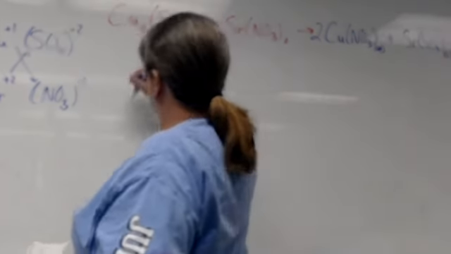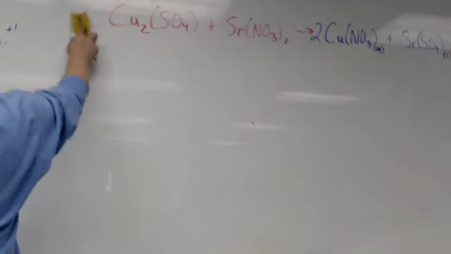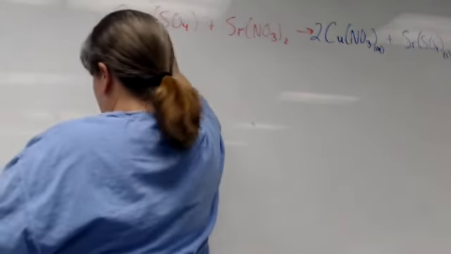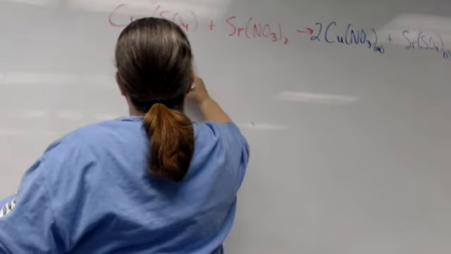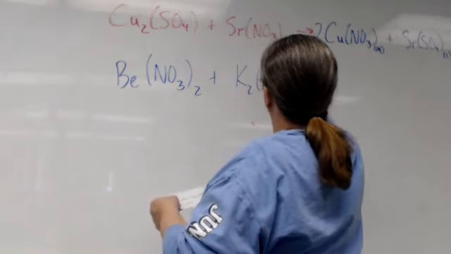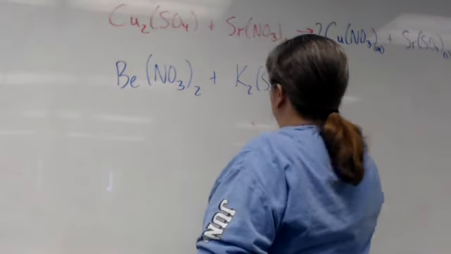All right, so this was the one you just did on your slip. So you had BeNO3 plus K2SO4, and you were predicting your products.